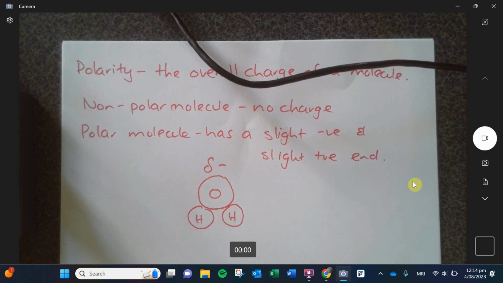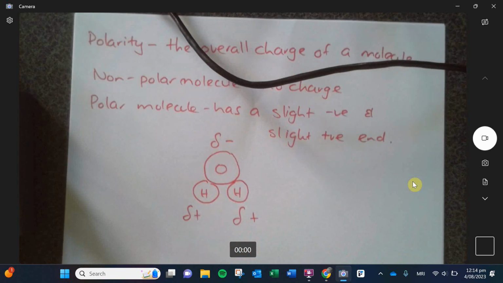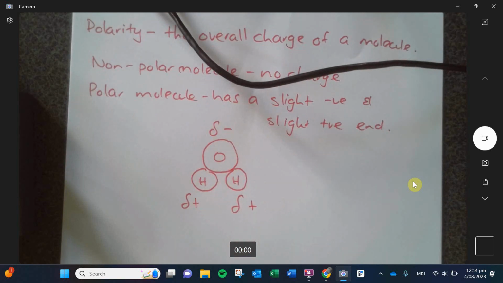That little fancy looking D is, I want to say delta in the Greek alphabet, and it just means slightly. So it's not fully negative. It's not like a negatively charged ion. It's just slightly negative. The hydrogen end is going to be slightly positive. So I'm just trying to indicate with the molecule what's negative and what's positive. And then remember, it's only a slight charge. It's not a fully charged ion kind of thing.